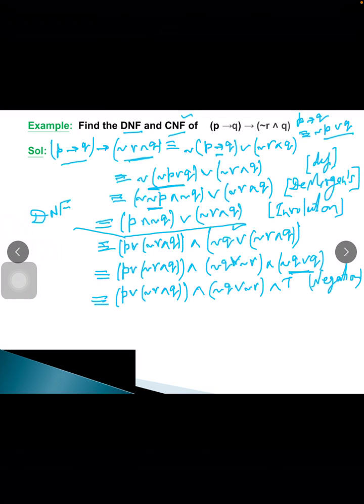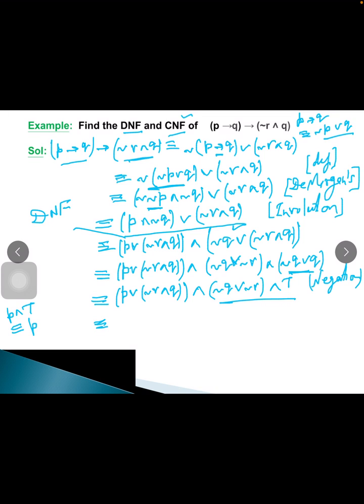Fine. After that, suppose this compound proposition is P and T. What is it by the identity law? The identity law says that P and T is equal to P. So now we apply the identity law.